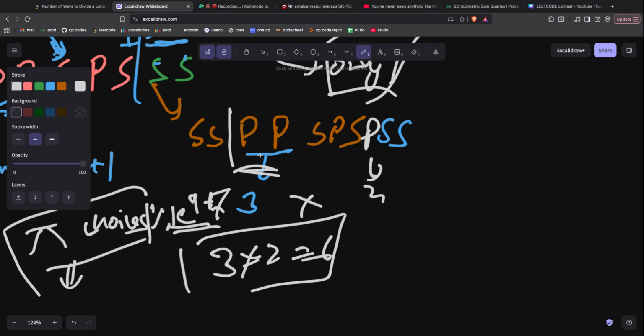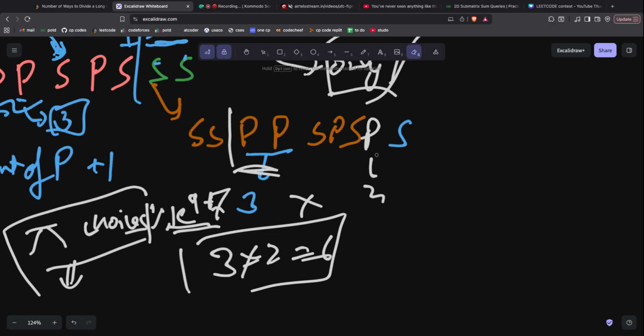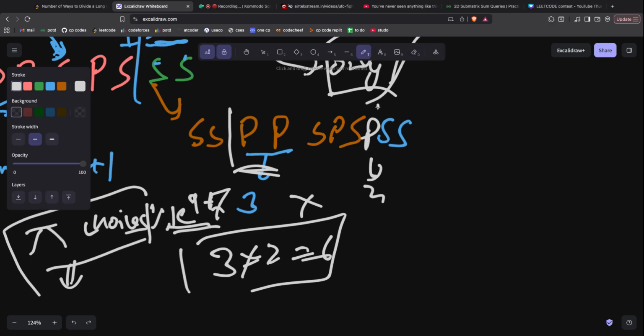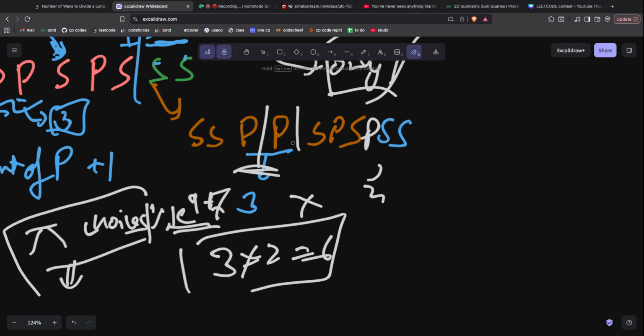Yeah. Or you can put a divider here, you can put a divider here. So that is for each of these. There are two choices for this. That is why here for this, again it will have two choices, either here or here. Again for this, so three choices for this, two choices for this. Basic PNC will make sense here.